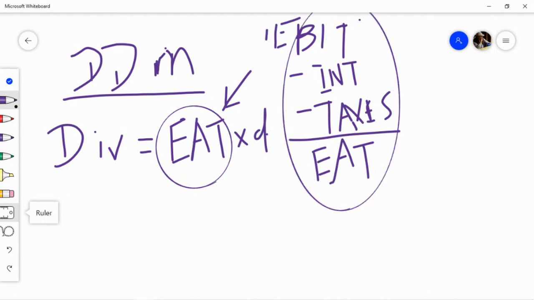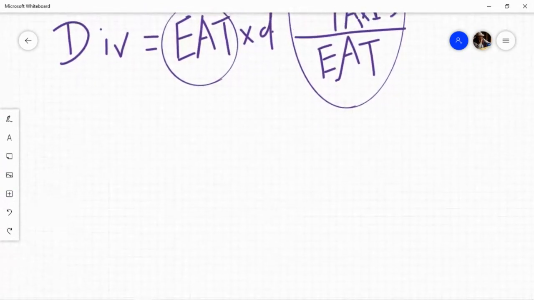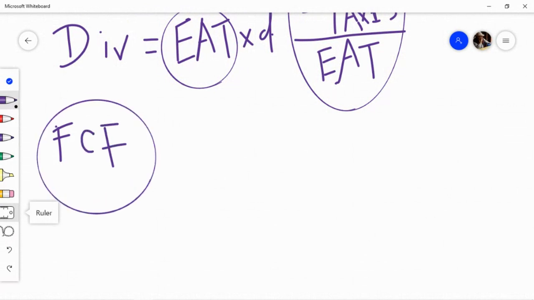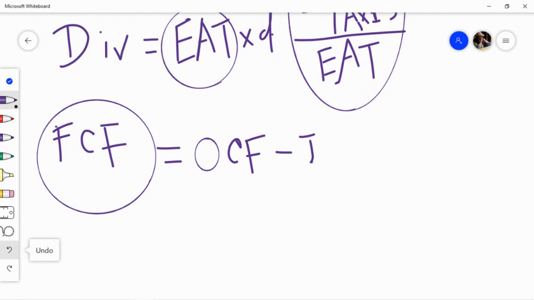Okay. Then think about it. In the free cash flow model, free cash flow is operating cash flow minus investment in operating capital, right?